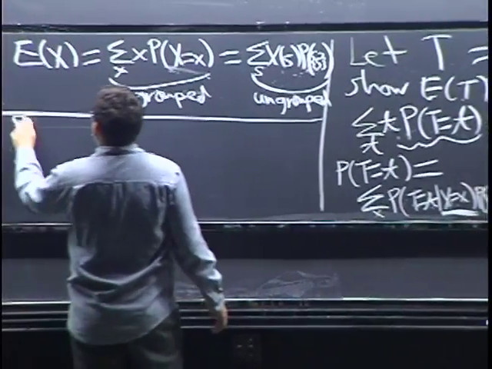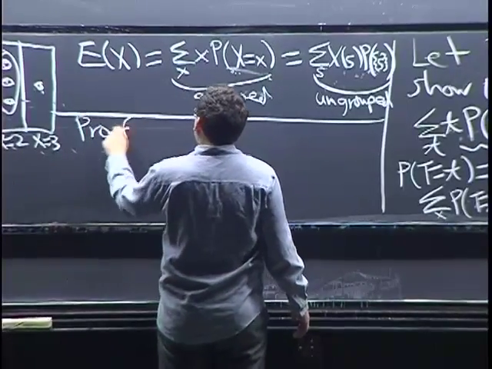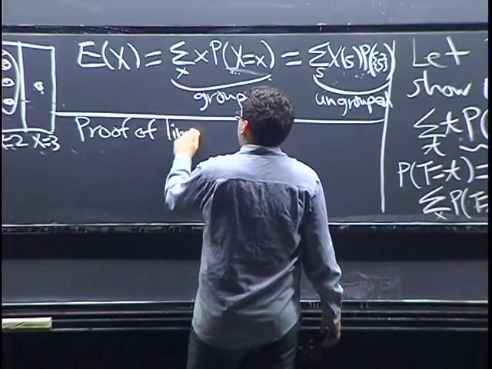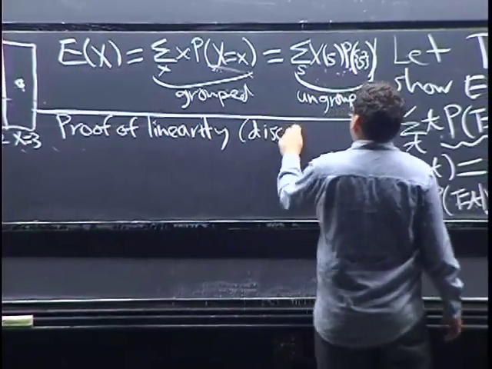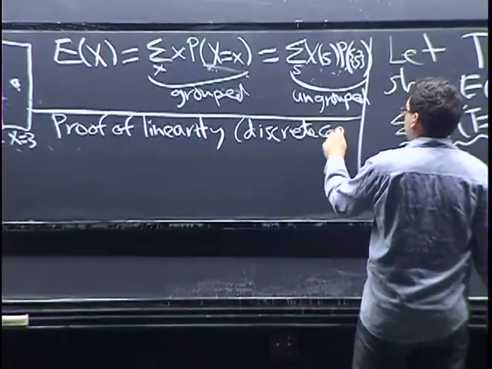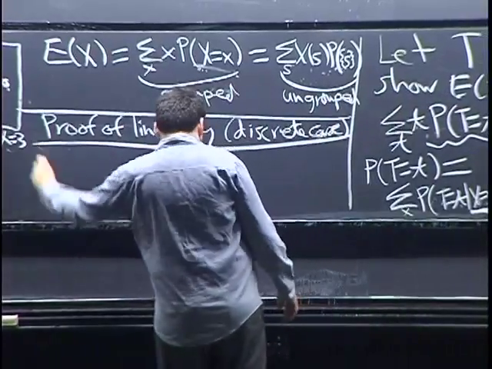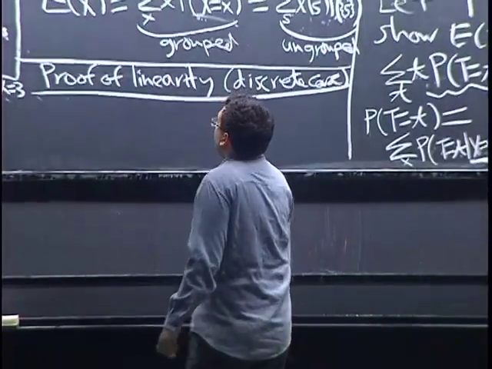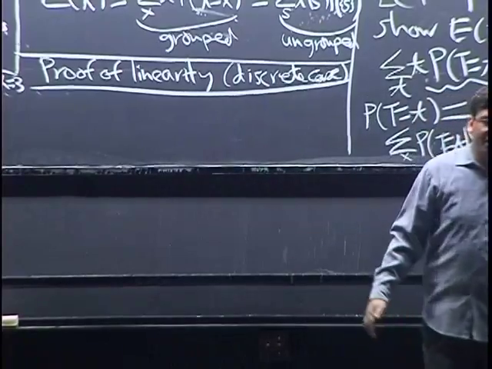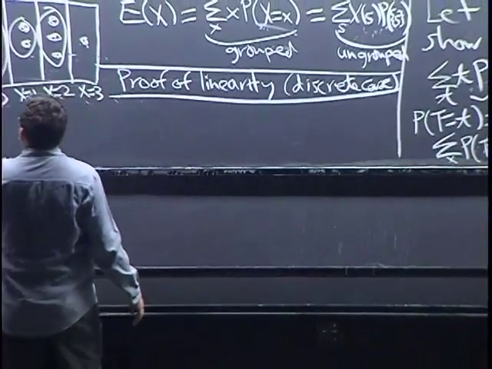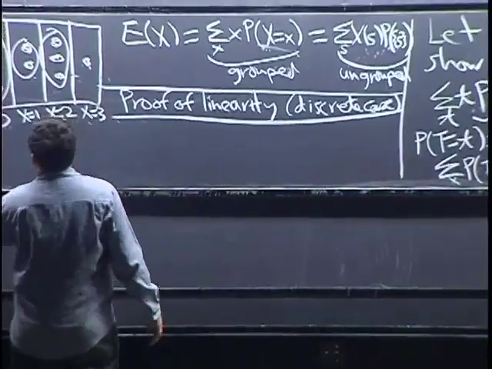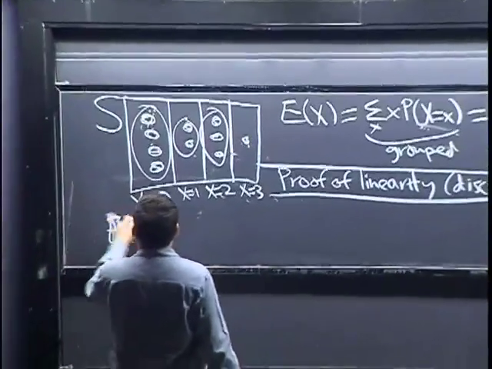Now let's prove linearity in the discrete case. And the continuous case is basically the same, but we'll talk more about continuous later. Okay, so what do we have to do? Well, let's just use this same identity for T instead of for X. So what's the expected value of T?